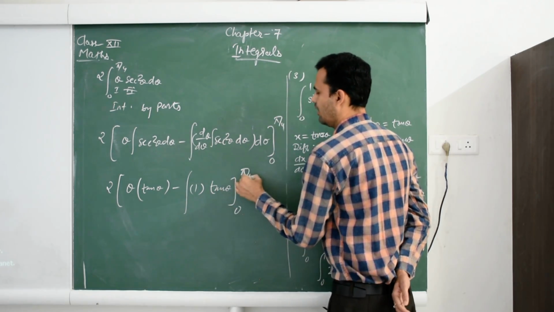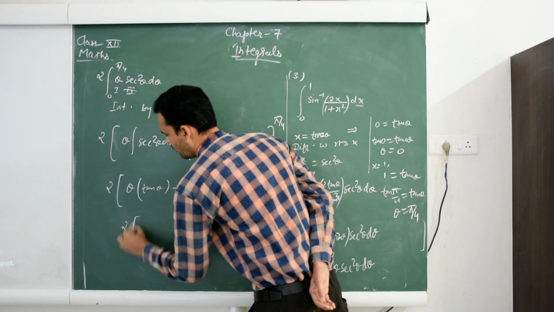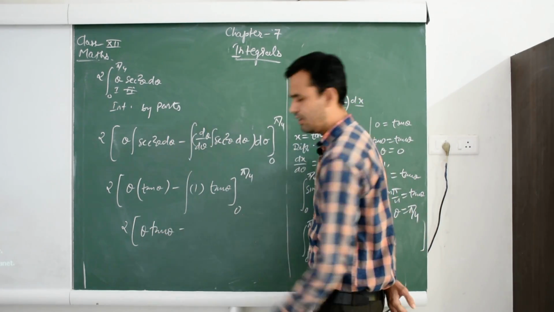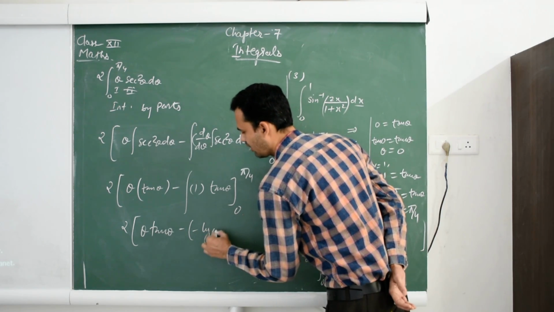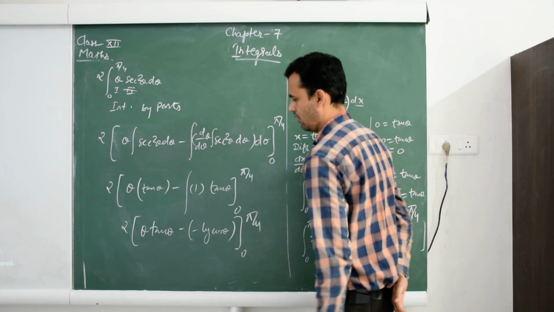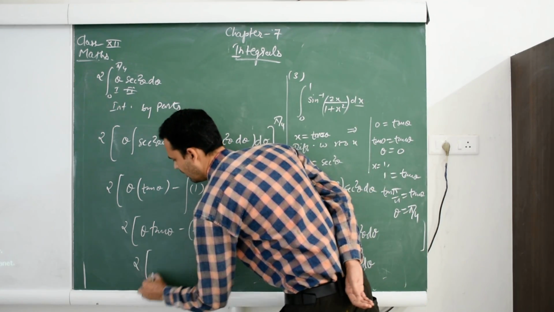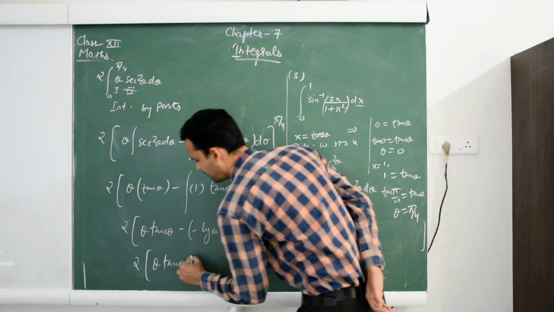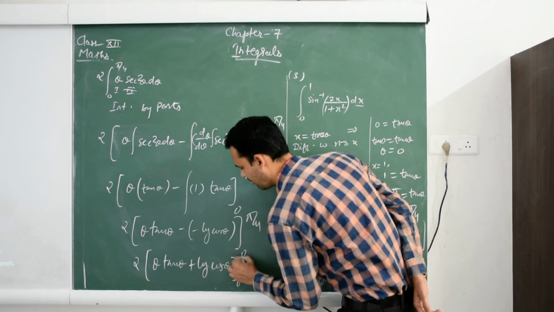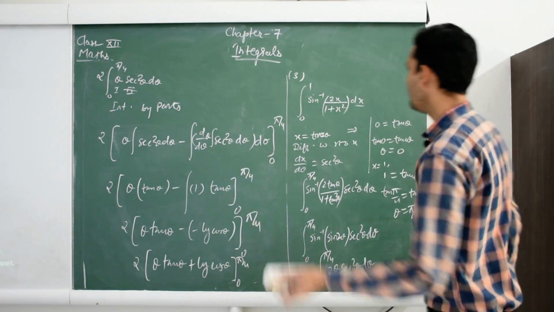So it is 2 times theta tan theta minus the integration of tan theta, which is minus log cos theta, from 0 to pi by 4. So theta tan theta plus log cos theta from 0 to pi by 4.